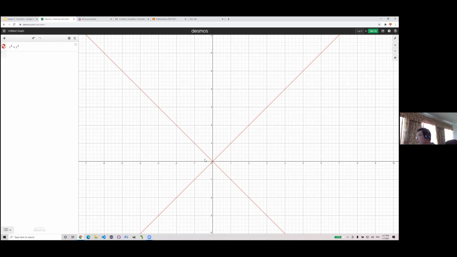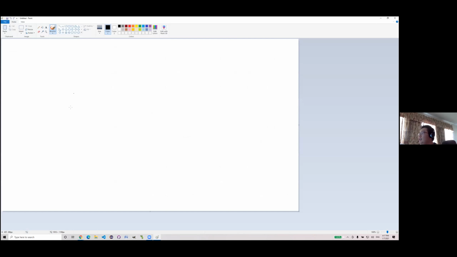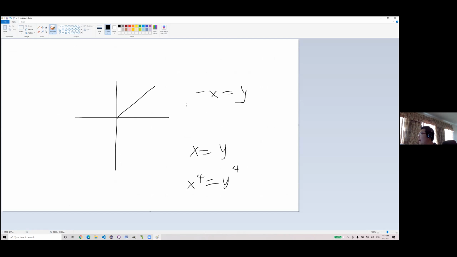Because of how this function composition works, if you think about it, you have x equals y. If I take x equals y and raise both sides to the fourth power, I get x^4 equals y^4, okay? If I have negative x equals y and raise both sides to the fourth power, I have x^4 equals y^4.